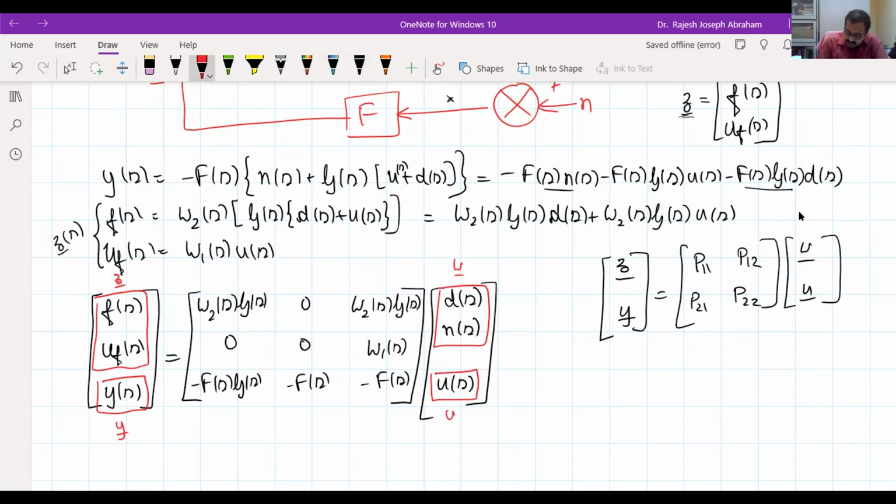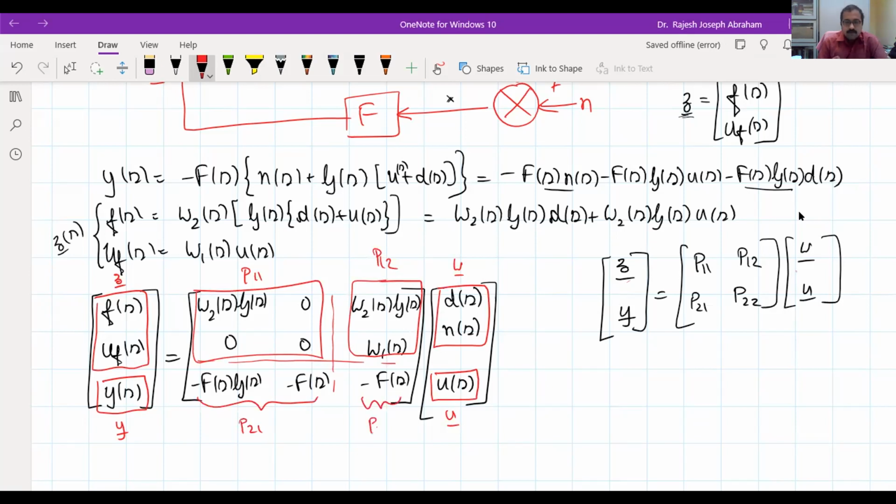U bar is this. What is P11? P11 is the transfer between Z and W. Keep in mind Z is a vector, so you have to partition in this way. So this is my P11, this is my P12, this is P21, and minus F(s) is P22(s). Okay. So in this way, we can break the given block diagram into the standard linear fractional transformation form.